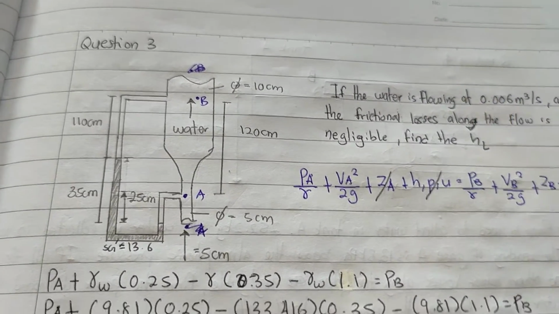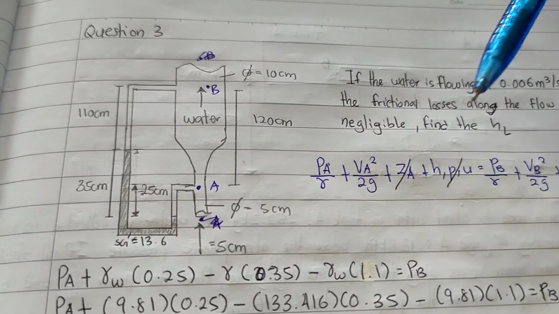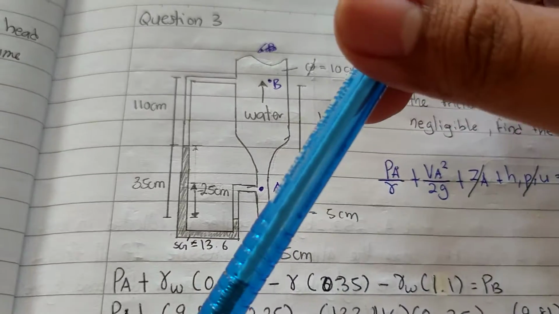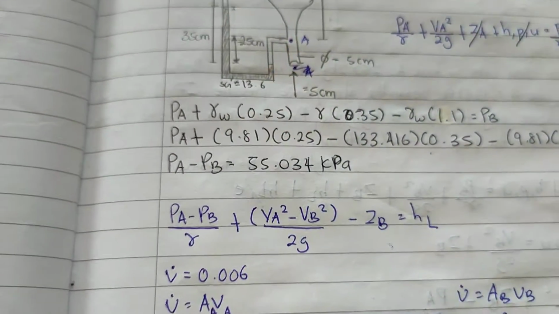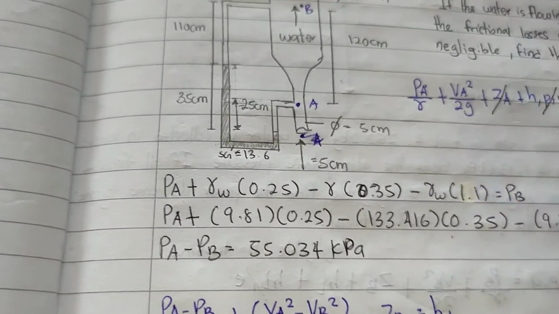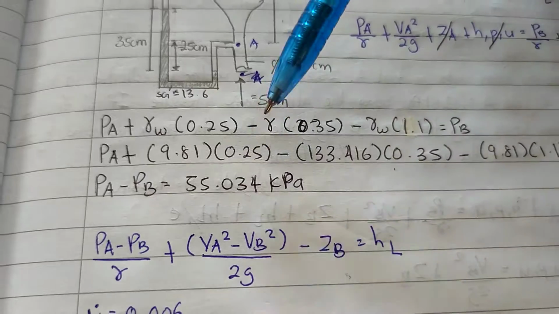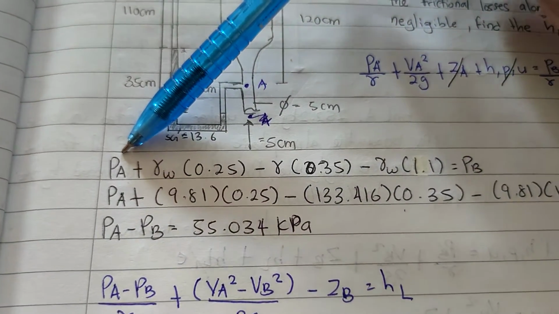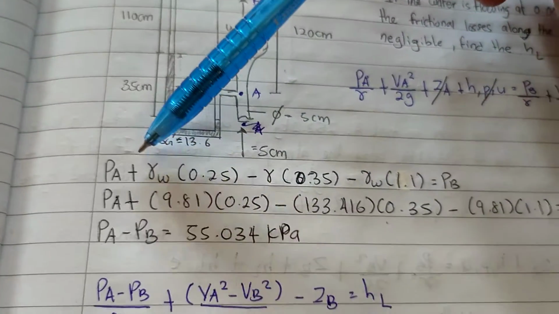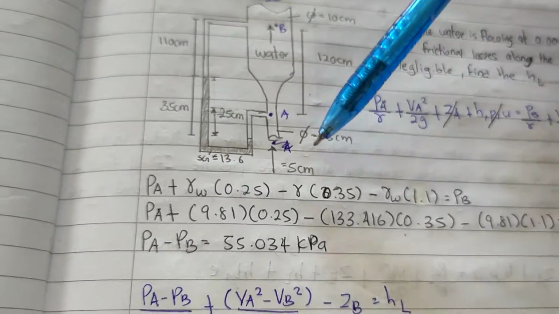Then we want to plug in the equation, but we still don't have PA minus PB. We don't have the value or the information, so we need to do the manometer equation.